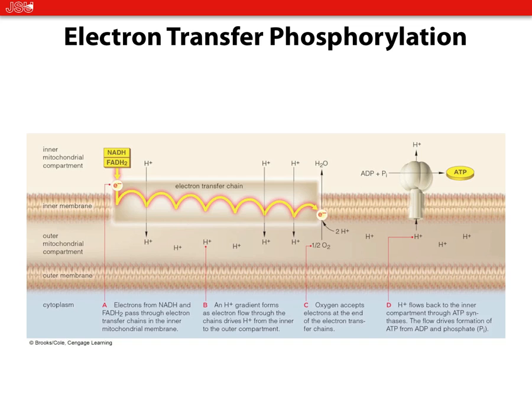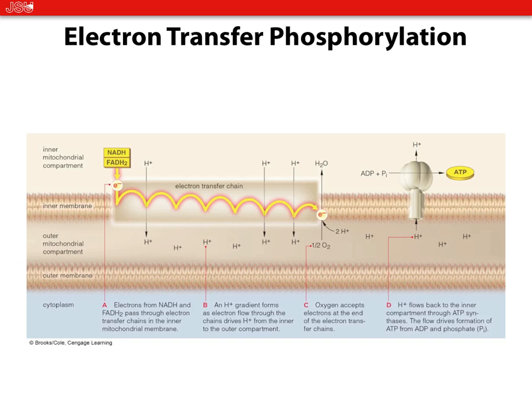But the greater point is what? NADH and FADH2, by their actions on the far left, are going to make that structure on the far right work to make ATP. So NADH and FADH2 are converted, in a sense, or their actions make the release of ATP on the far right.